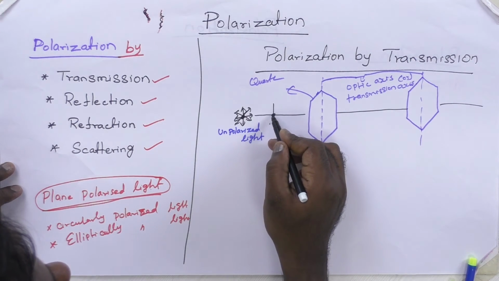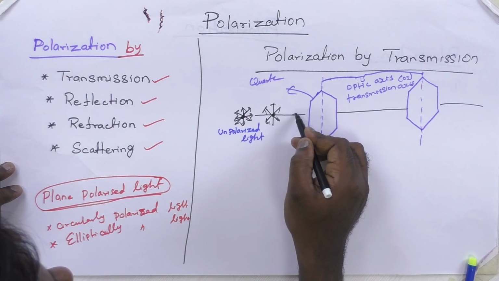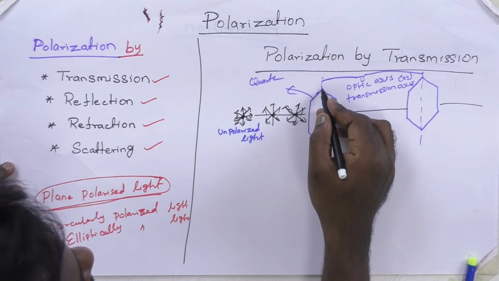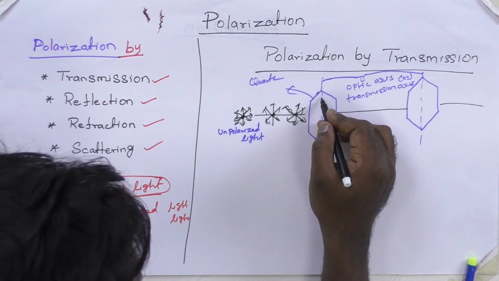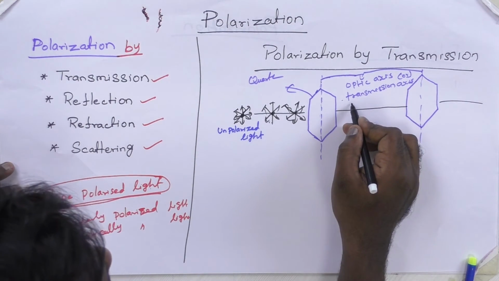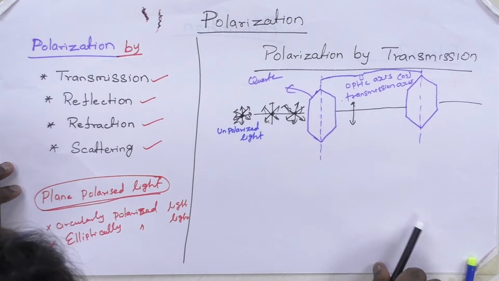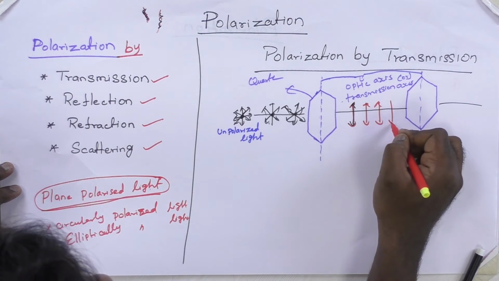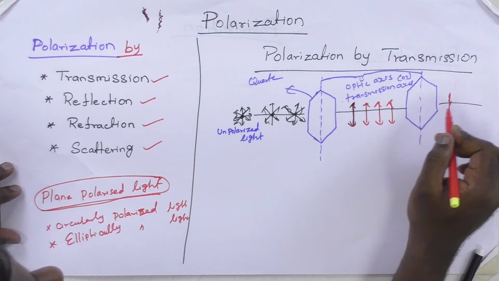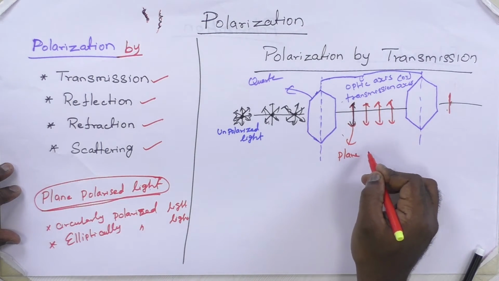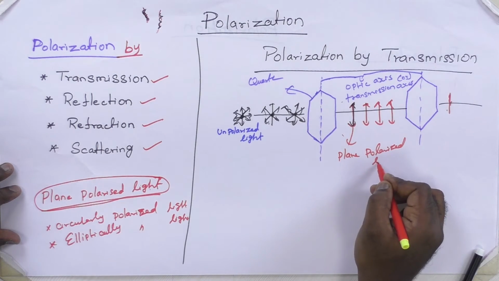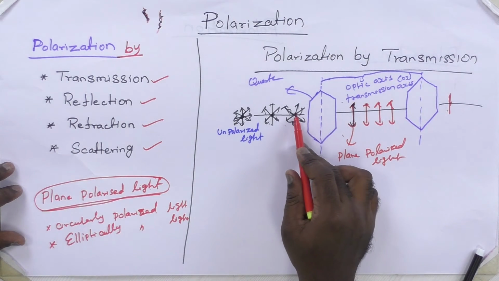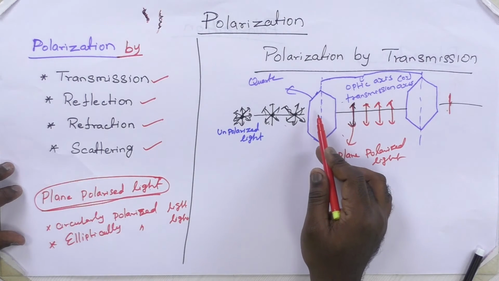The vibration before is in any direction. When it passes through, only vibrations parallel to this transmission axis or optic axis are allowed, so we have only this type of vibration here. We use this quartz crystal, and some other crystals have this property of transforming unpolarized light into polarized light.